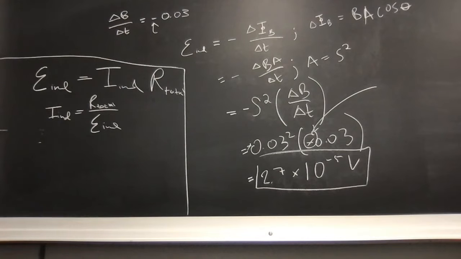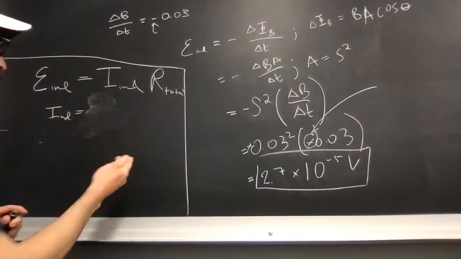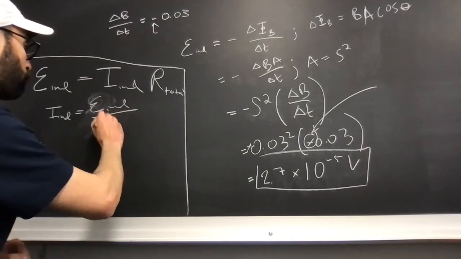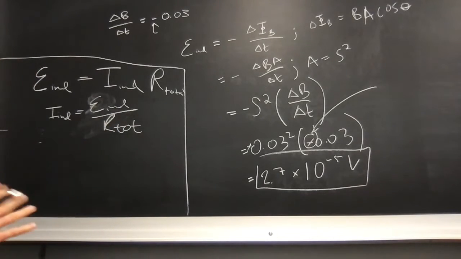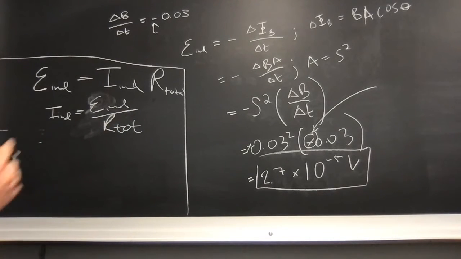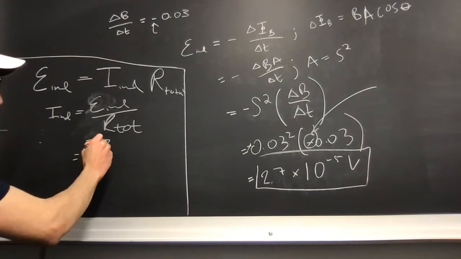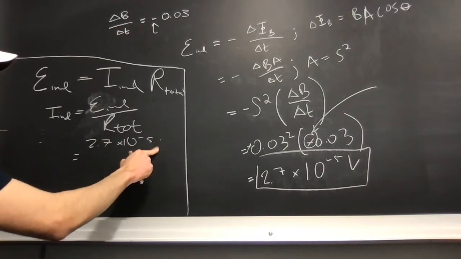Oh wait, I think I messed up here, this is flipped. Okay, sorry about that. We just solved for the EMF, but I'm going to write it real quick: 2.7 times 10 to the minus 5 volts.